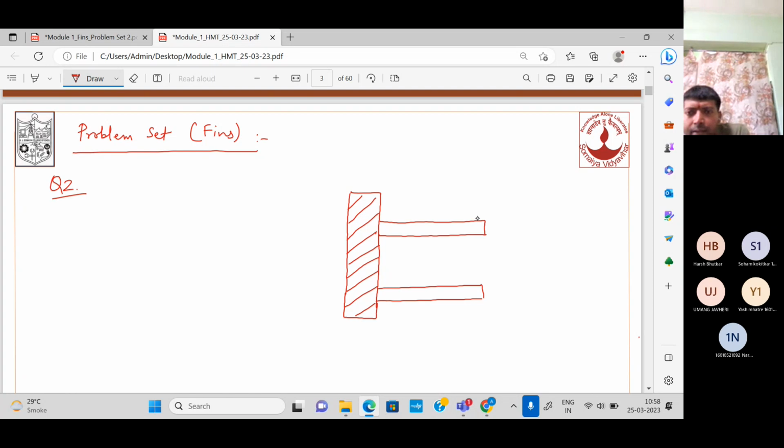This is the brass rod and this is the copper rod, having the same diameter. That means the cross section is circular.